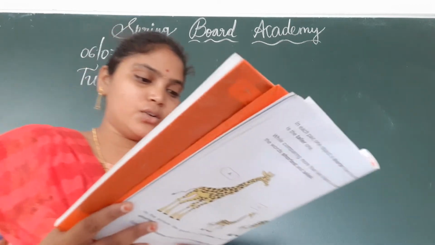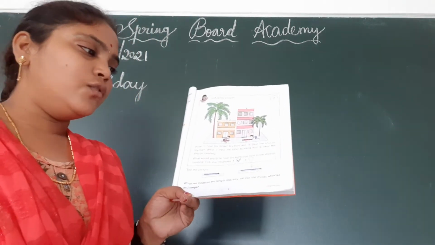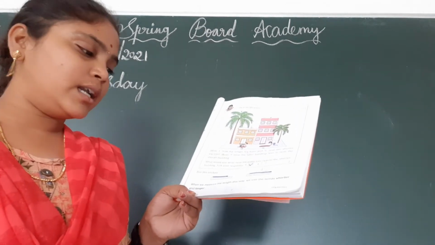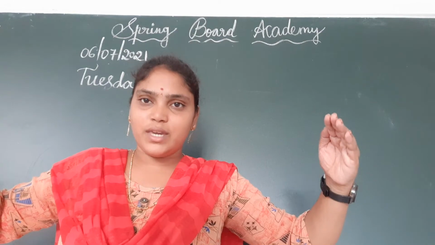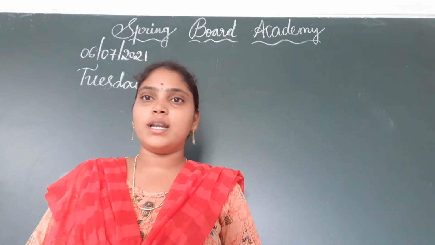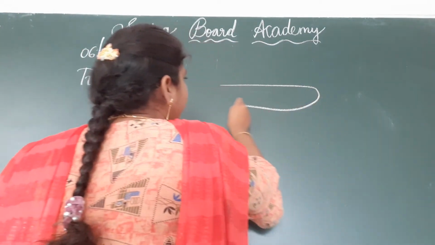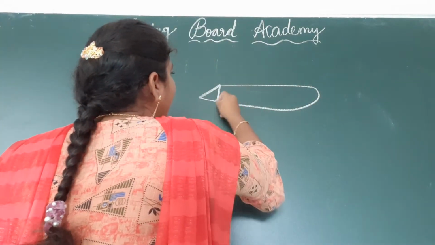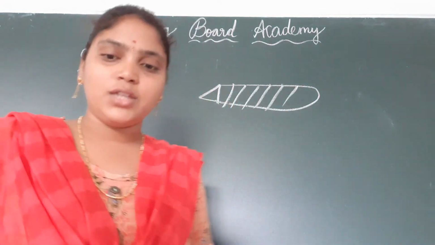Next, down below, see this picture. When we measure length this way, we use the words shorter and longer. For example, children, this is a pencil. We measure its length using a scale.